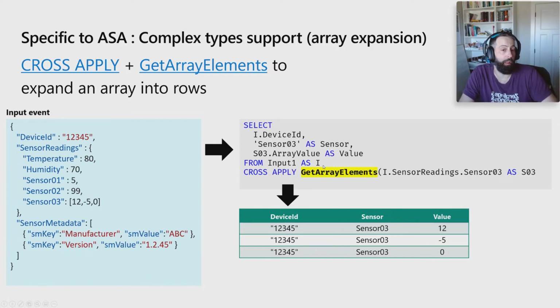So I'm reading from my input, CROSS APPLY GetArrayElements of input.sensorreadings.sensor03, and that's going to become SO3. And in SO3, I'm going to grab, like that's a keyword, ArrayValue. And voila, it just gives me 1 row for each value of that table. It is a keyword, ArrayValue, because we also have ArrayIndex, which can give you the position, if you need a position in there.